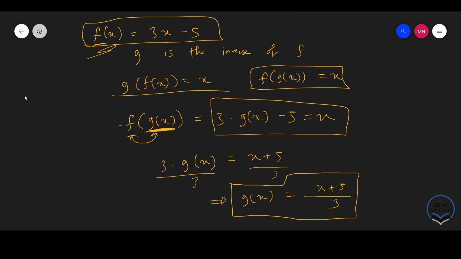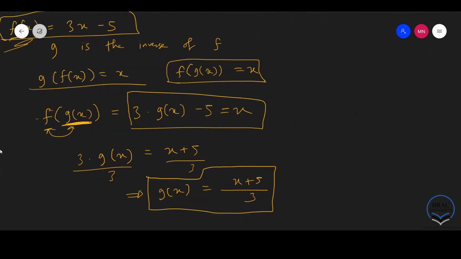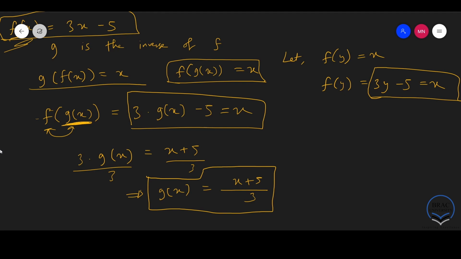Now if this seems confusing, we can also just let, alternatively, f of y be equal to x, right? So for f of y, we have 3y minus 5, and this is equal to x. And now we can just solve this equation for y, right?